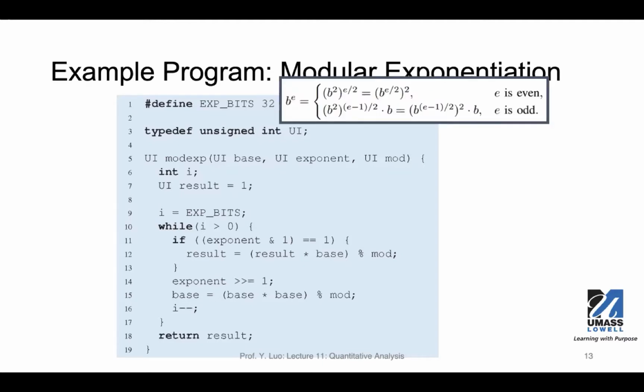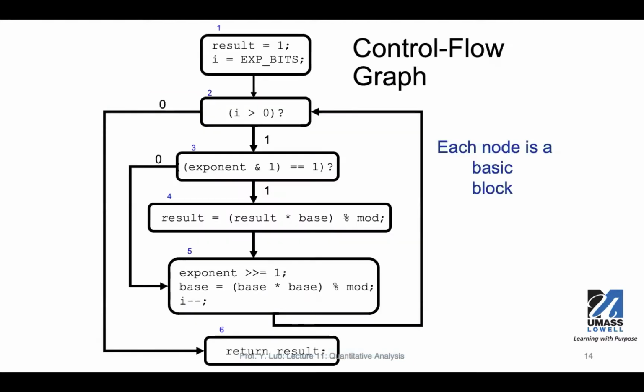The exact formulation of this calculation is defined here. Okay, so given that C code, what we want to do here is to represent or analyze this piece of code. And we are doing a few things here. First of all, all the lines of code within this function are captured here in this diagram.